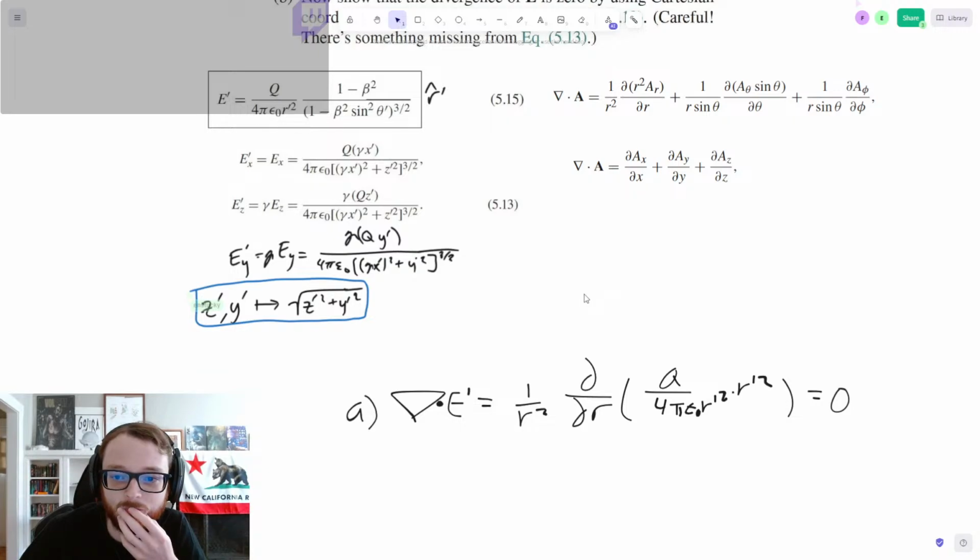Isn't that what they were doing? You'd have one coordinate that you keep the same and two that you turn polar. Yeah. And we want to keep the x the same because that's special for this problem, right? It's the direction of motion. Okay.